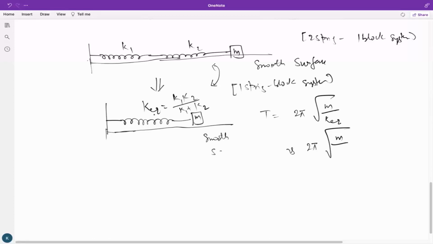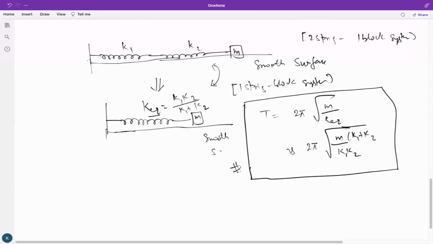But here the k is actually k equivalent and its value for two springs is k1 k2 by k1 plus k2. So here we can write k1 k2 divided by k1 plus k2. So this is for two spring one block system.